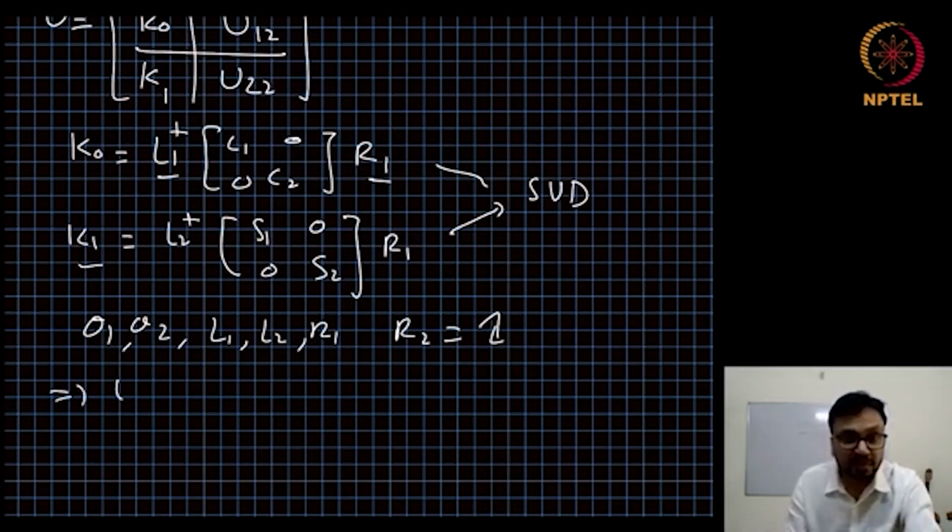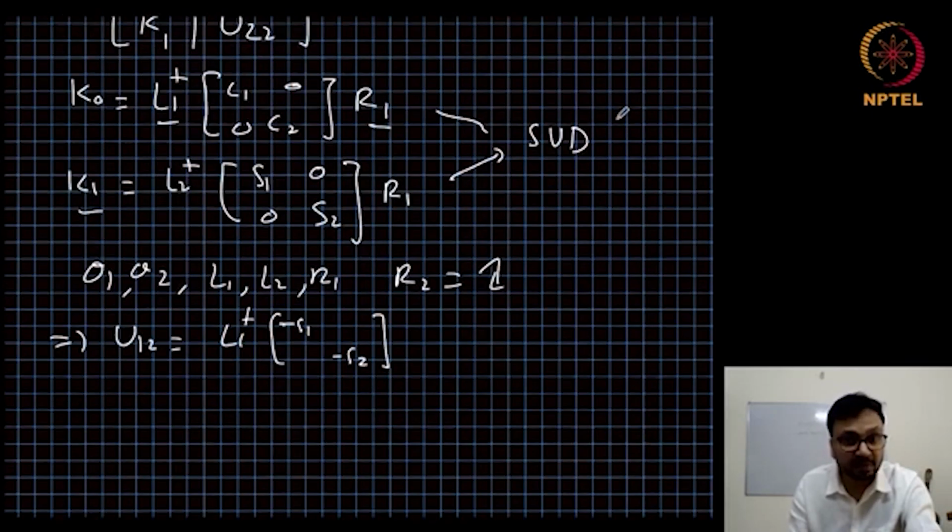Then our U12 will become L1 dagger times minus sin theta 1, sin theta 2, times the identity. So identity we don't need to write, and U22 becomes L2 dagger cos theta 1, cos theta 2.